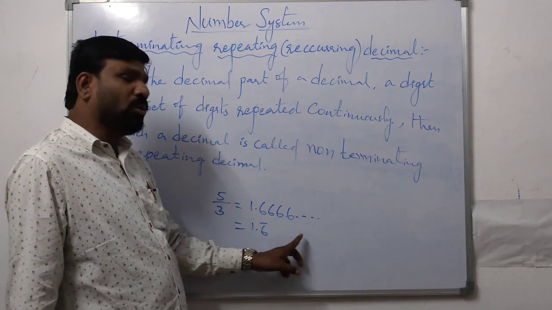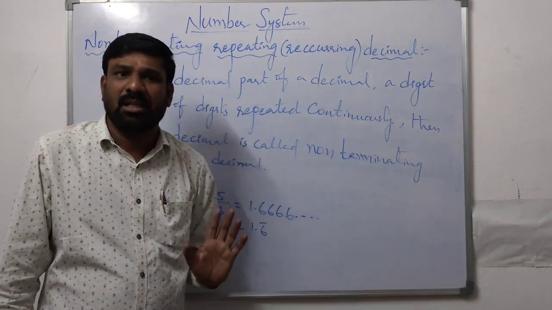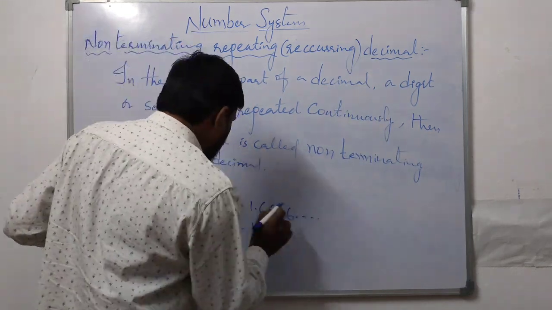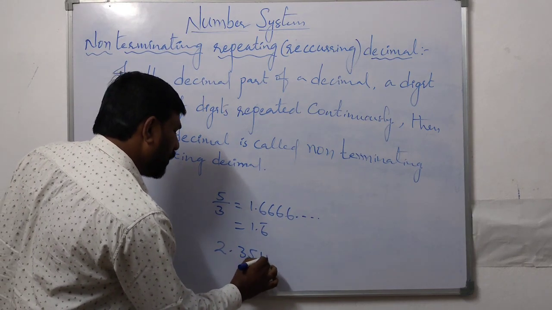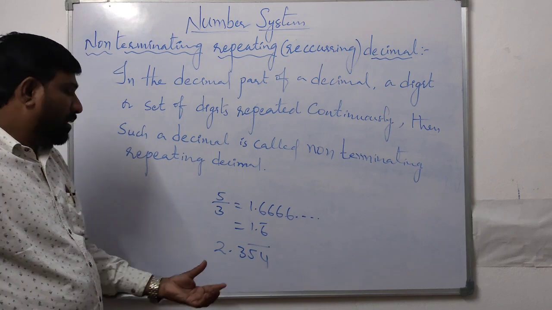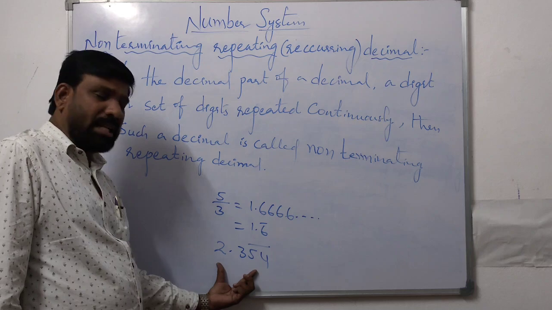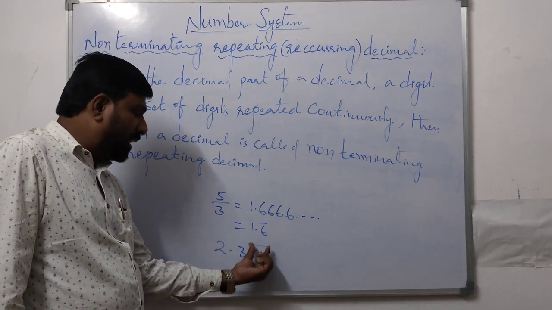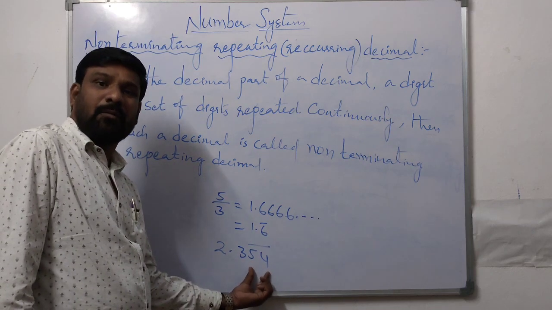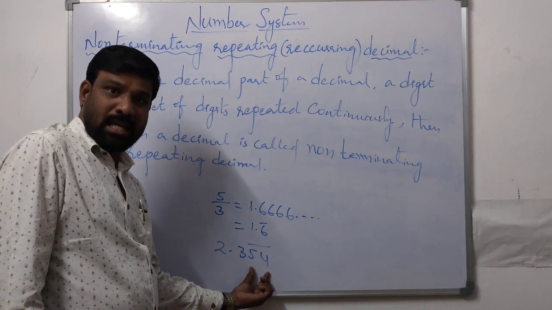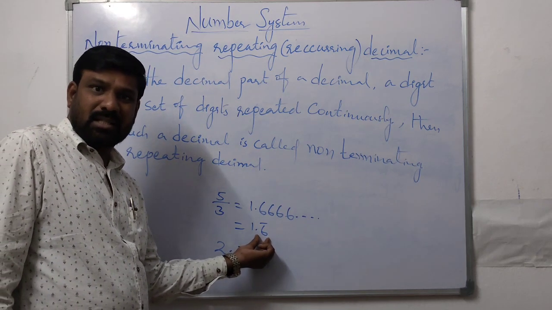If 1 digit is repeating continuously, no problem. 2 digits may repeat continuously. Suppose we consider 2.354 with 54 under the bar. Here 2 digits are repeating: 5 and 4 are under the bar, and these 5 and 4 are repeating continuously. Here 2 digits are repeating, and in the earlier example only 1 digit is repeating, right?